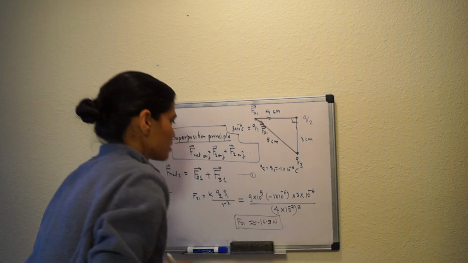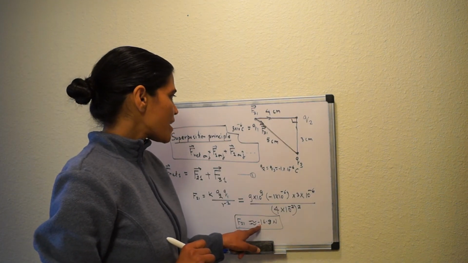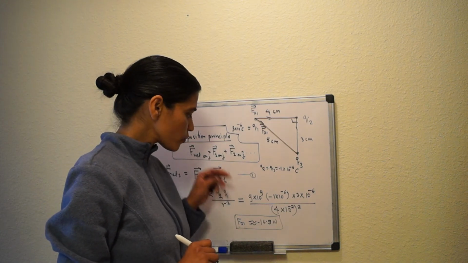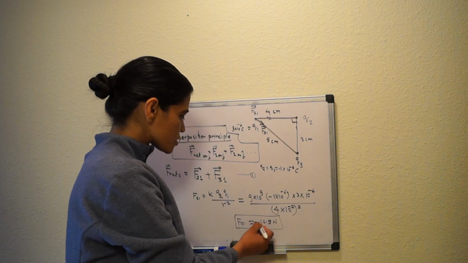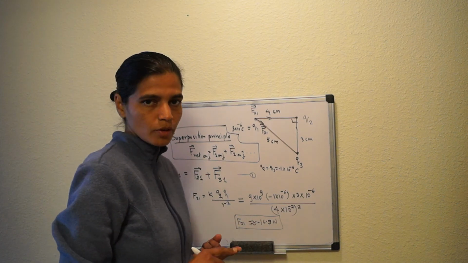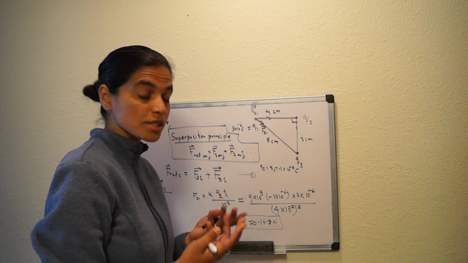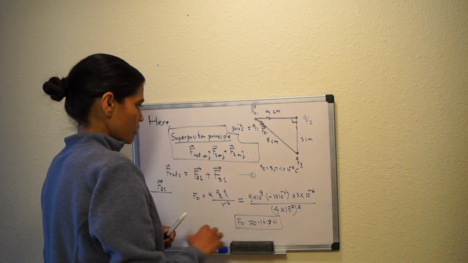We'll need this again in a few minutes. A negative sign here tells us that the force F21 is attractive, okay? So whenever you find a negative sign in a final answer, the sign tells us the force is attractive, meaning we had two charges with opposing signs, right? That's why we get the negative sign here.